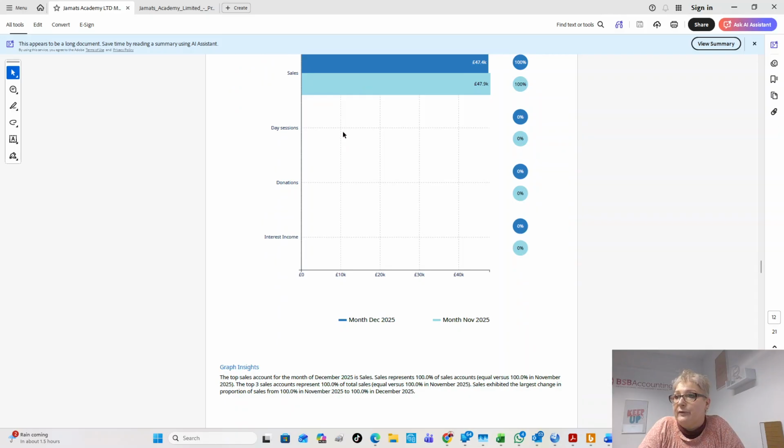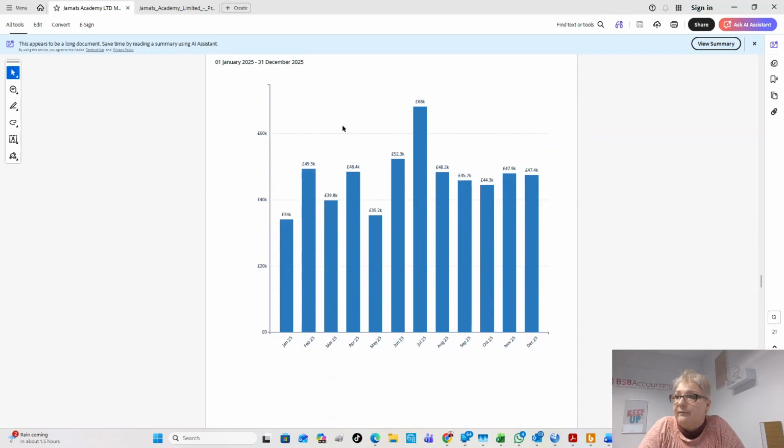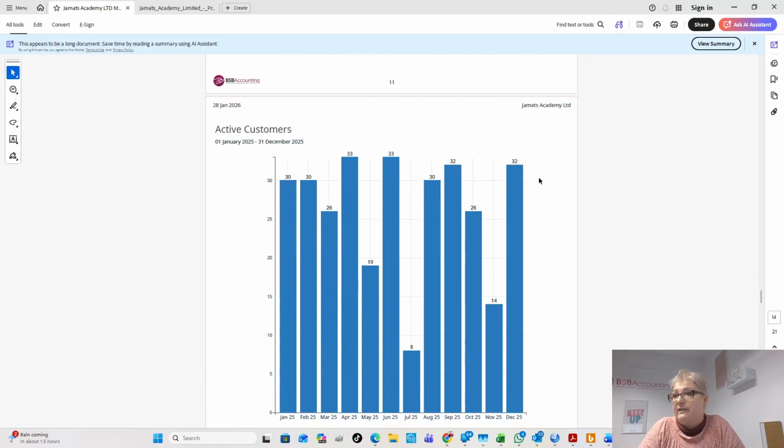Sales account, we've only got sales, and this is how your sales have been doing in the past few months. So there's been an increase in that as well, apart from this last month, but it's just not very huge, like 1.1% is not significant.